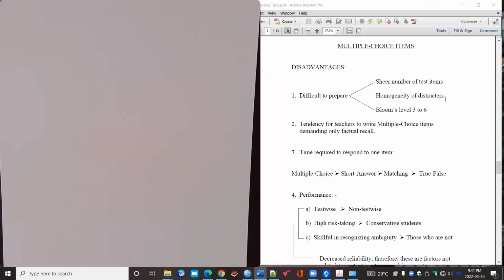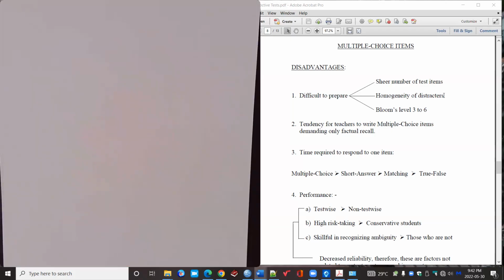So there is a strong tendency for both teachers and professors to write multiple choice items demanding only factual recall, because of the homogeneity of distractors, and also it's easier to construct items at Bloom's level 1, level 2.